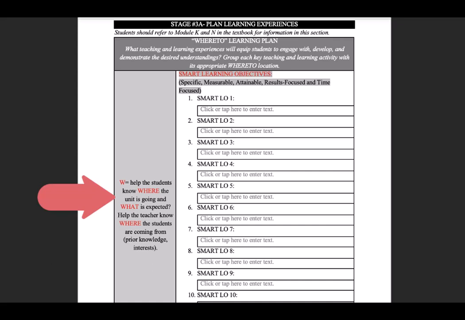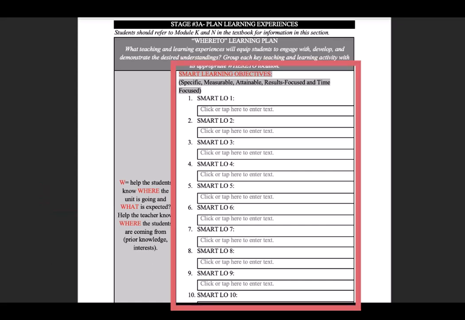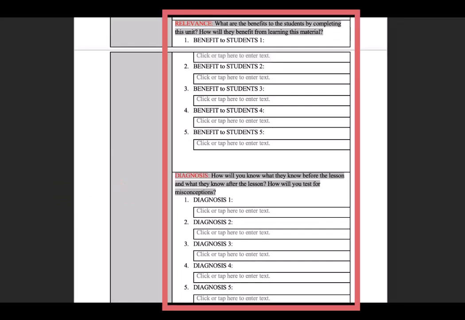All of the information in this section provides some direction and data for the lesson. In this section, you will list the SMART learning objectives or goals, the expectations, the relevance, and then lastly, the diagnosis. This will be done from the student standpoint or perspective.